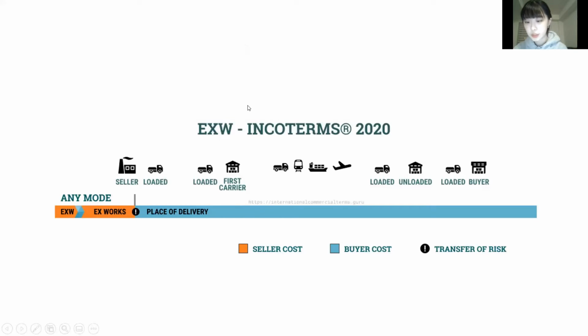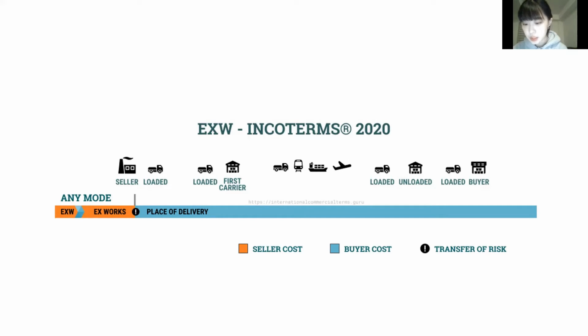Once the buyer has the goods, it is up to the buyer to cover any expense and account for any risks that pertain to the goods. Risks could include loading the products onto a truck, transporting them to a ship or plane, dealing with the customs officers, unloading them at their destination, and storing them.